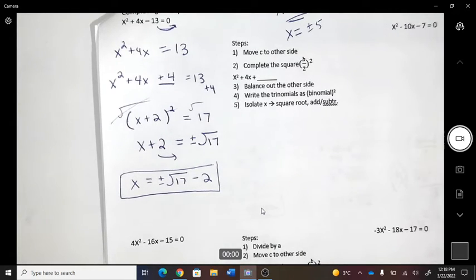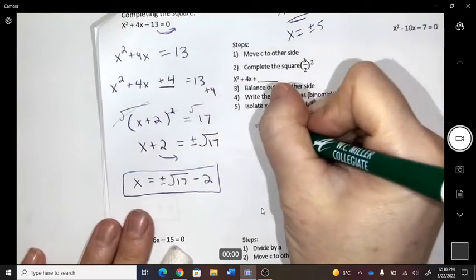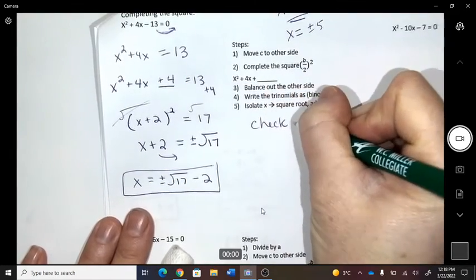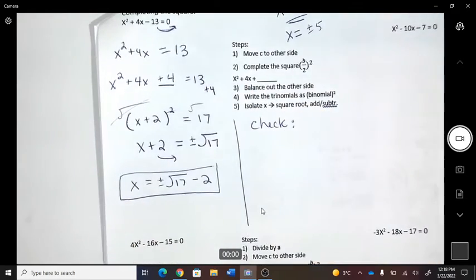What if on a test, hint, hint, I made you check your answer to see if it's the same if you use the quadratic formula? Let's see if the quadratic formula turns out to be the same.